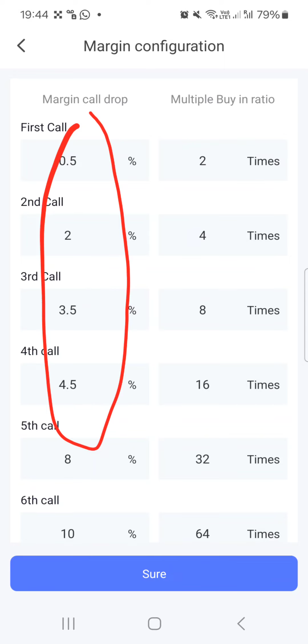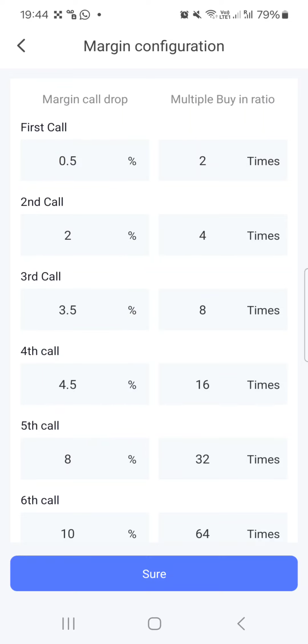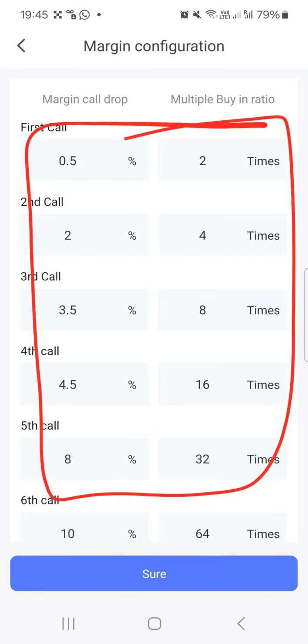When the price drops, your robot will buy. The first time it will go in with the first buying amount, which is $5 or $10 or 20, whichever you decide according to your capital. If you have $80, you should be using maybe a $5 first buy amount or $10, or maximum 20, or it's up to you. But you need to be calculating this based on your capital.